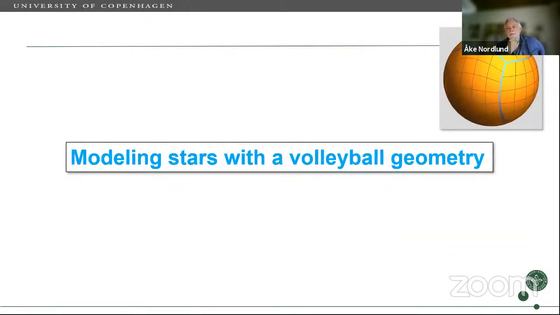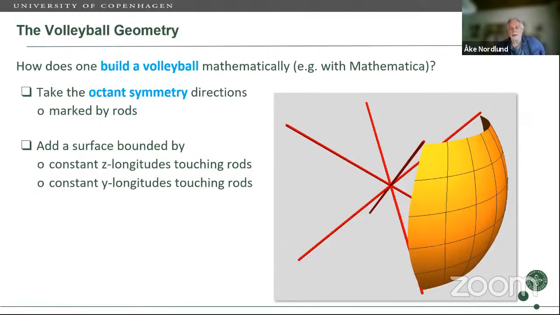So now I'm going to show you how I can model a spherical object with Cartesian boxes. The one way is to put the whole thing inside one box. But the other one is to build up a spherical object with small Cartesian boxes. It's a really good idea to think in terms of a volleyball.